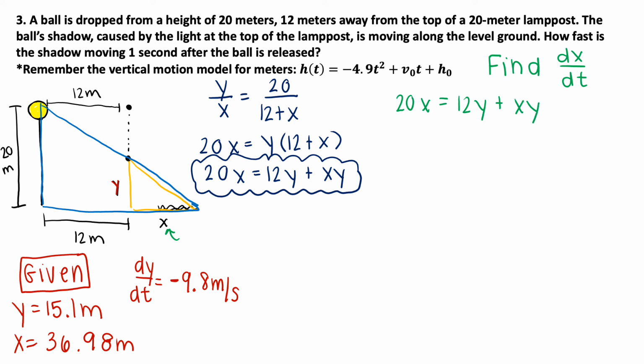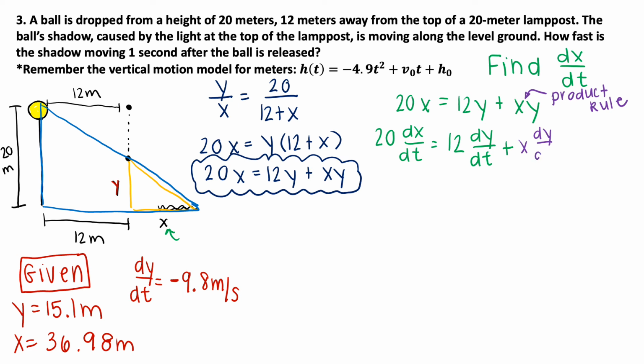Taking the derivative with respect to t, we get 20 dx dt equals 12 dy dt plus, now in order for us to differentiate xy, we have to use the product rule. So we take the first, x, times the derivative of the second, dy dt, plus the second, y, times the derivative of the first, dx dt.